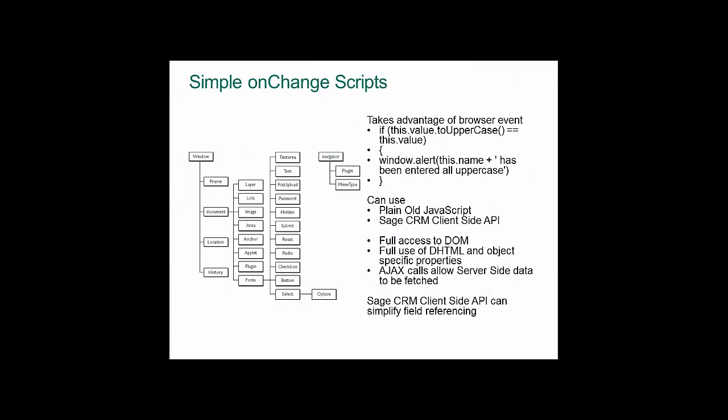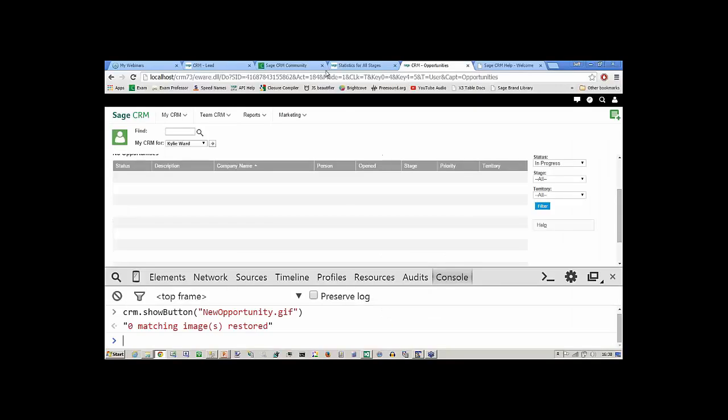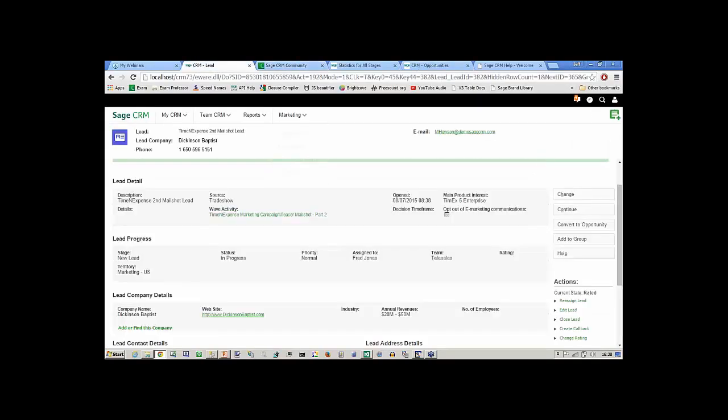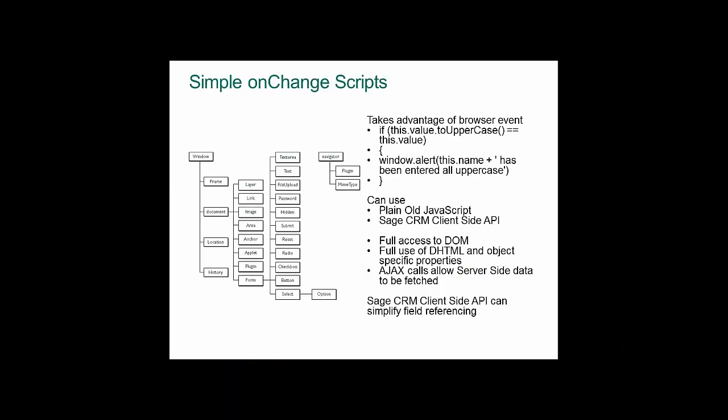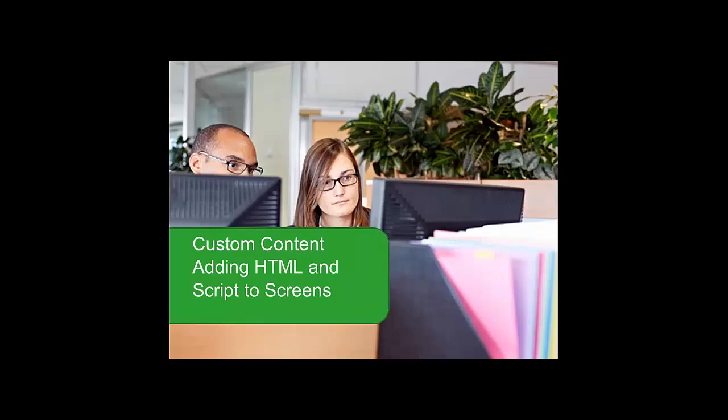Now remind us of the fact that we can add in our code as a system administrator into our screen, and of course when I look at a screen like this, I can reference anything within the document object model. So my scope of reference is enormously wide. Anything that is within here, I can even extend that with Ajax as well, and we'll see in a moment some of the ways in which we can do that sort of behavior.